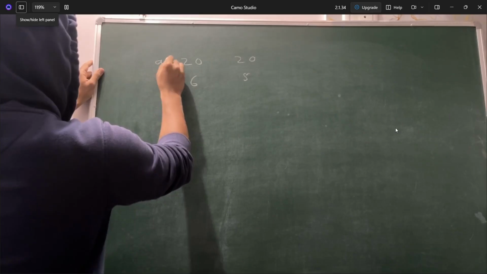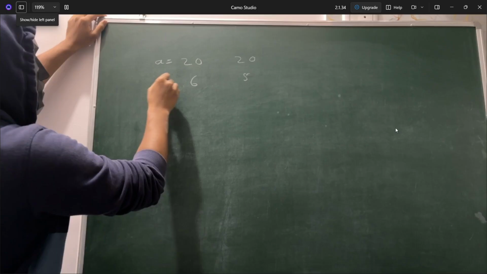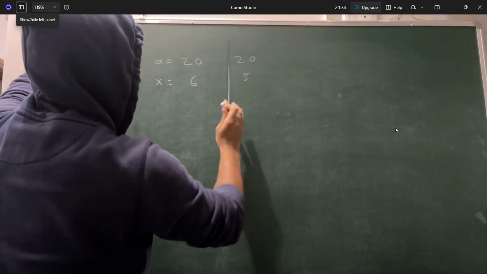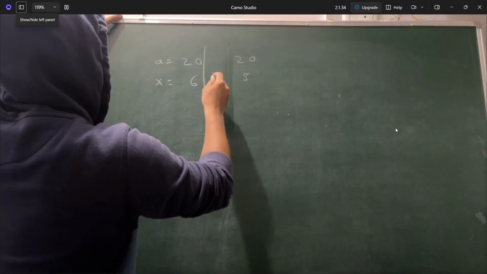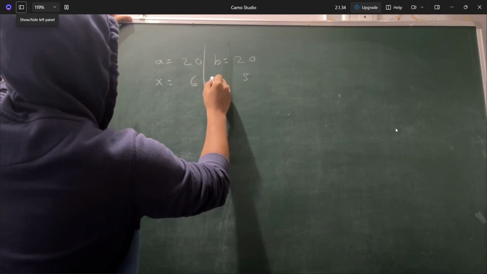So a is this one, this is basically the distance. X is basically the hours, time, and this is b, and this is y.